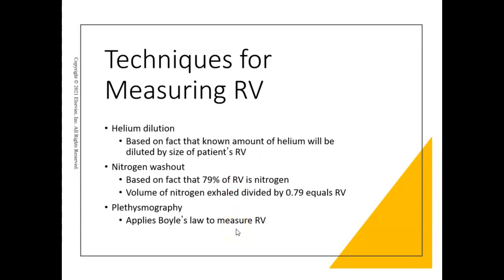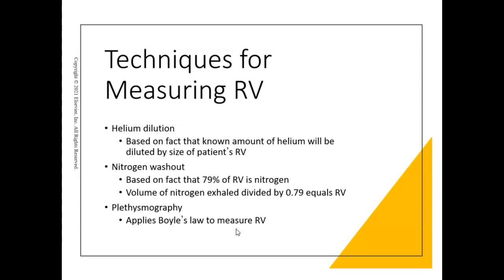So plethysmography is, like I said, the best technique. This uses Boyle's law about volume and pressure changes to determine lung volume. It measures the volume in the thorax. It's measuring the volume through the mouthpiece, and it's also measuring the pressures inside that box.